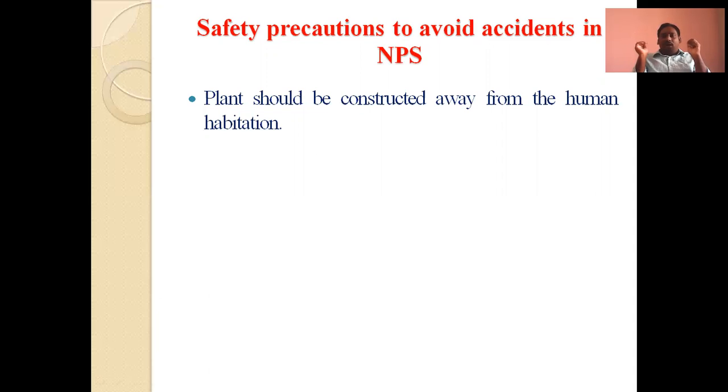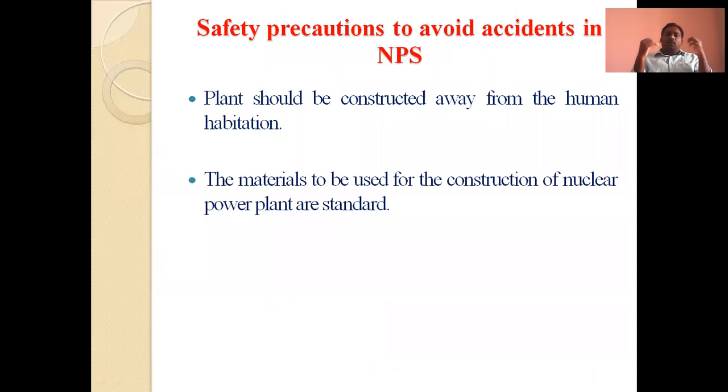That means the nuclear power plants are always away from populated areas. And the materials used for the construction of nuclear power plants are standard materials. So those are quality materials.